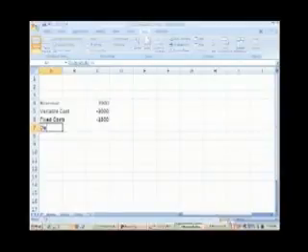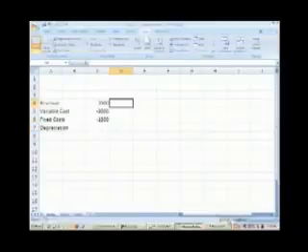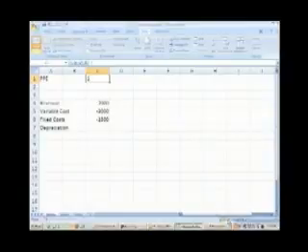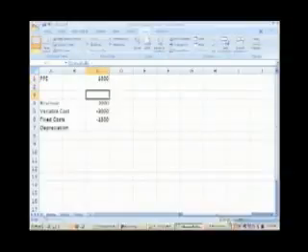Actually, for depreciation, I'm going to go up here and put initial investment, or property, plant, and equipment, and it's going to be 1.6 billion. And then the depreciation is going to be whatever the cost is divided by 4. And again, I want to make that a negative just to be consistent.